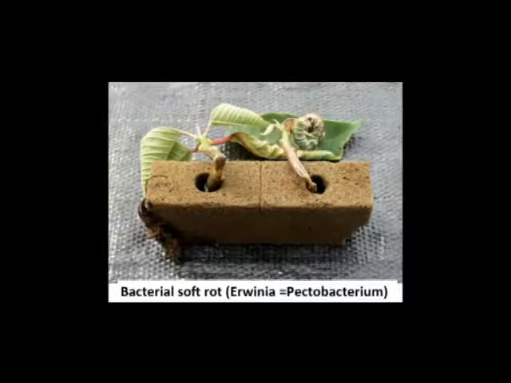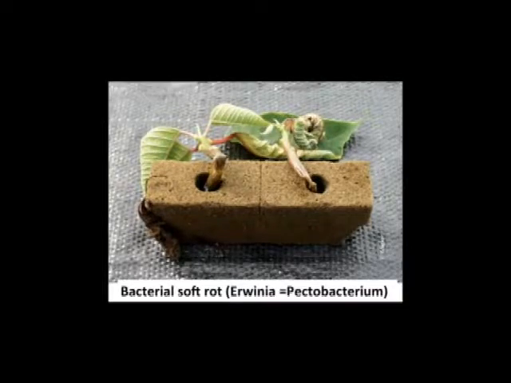It does cause a bacterial soft rot, and you will tend to see the stems collapse. So this disease is typically the first disease that appears in a poinsettia crop, and the only other thing that it could be confused with could be Rhizoctonia cutting or stem rot.